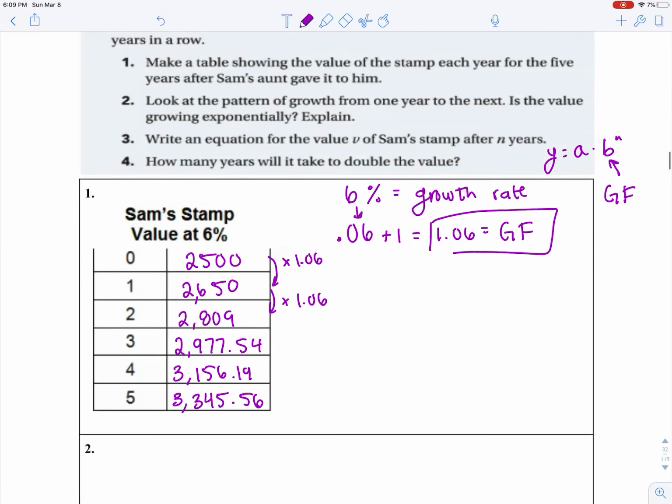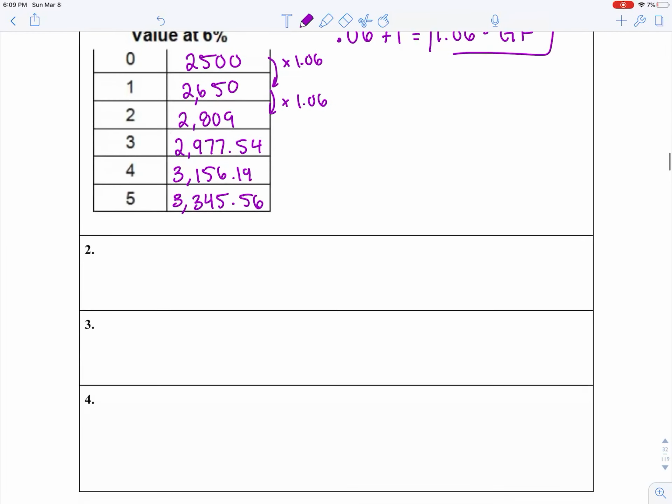So is this increasing exponentially? Why, yes, it is. I'll say that the value does not increase at a constant rate.